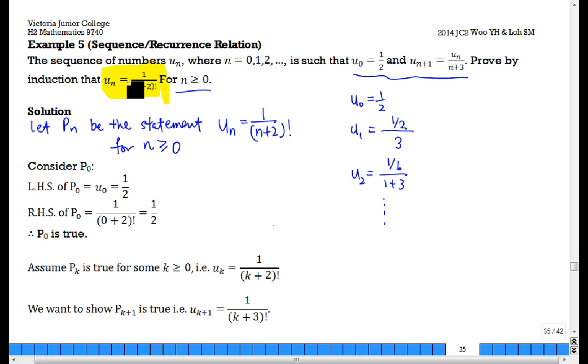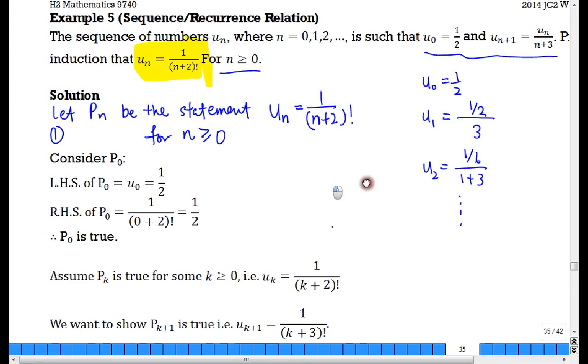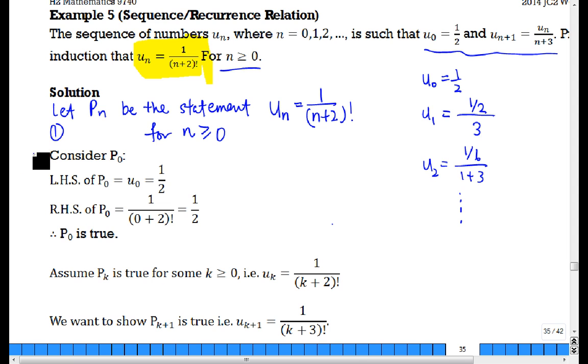Okay? Now, let's try. So this is step number 1. Maybe I zoom in a bit more. Step number 2. Consider P0 here, because you want to prove for all n larger or equals to 0, so the first case is actually P0.